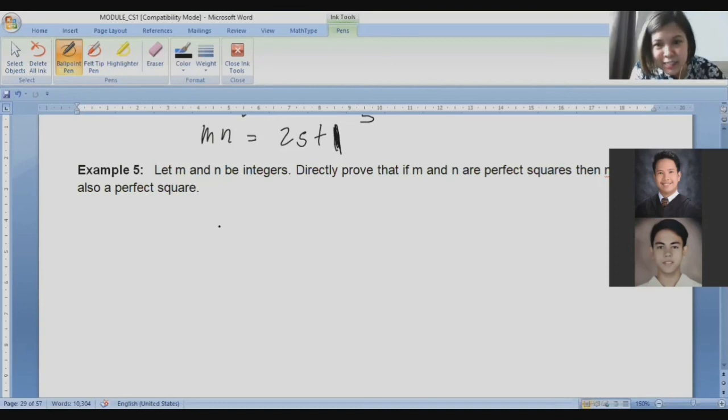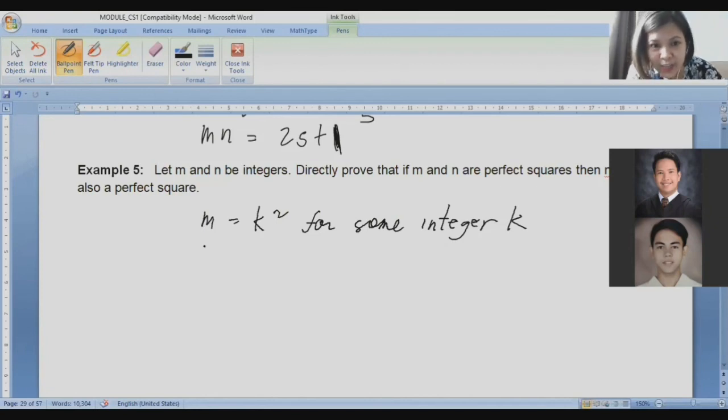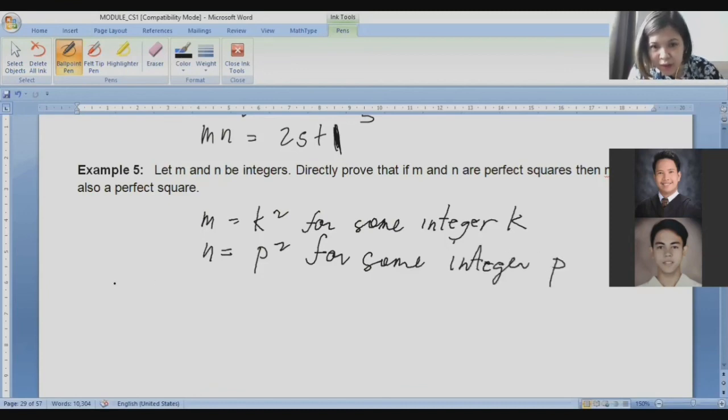So, assuming class na M is equal to K squared, kung saan for some integer K, and then let's assume also, example to given to, N is also a perfect square given by P squared for some integer P. So, therefore, if you have MN, i-multiply nyo lang itong dalawa na to.